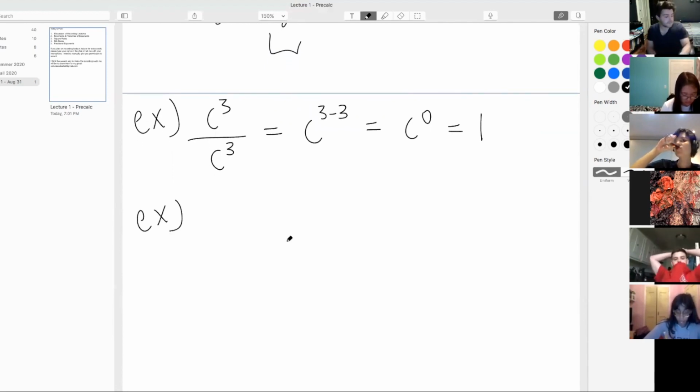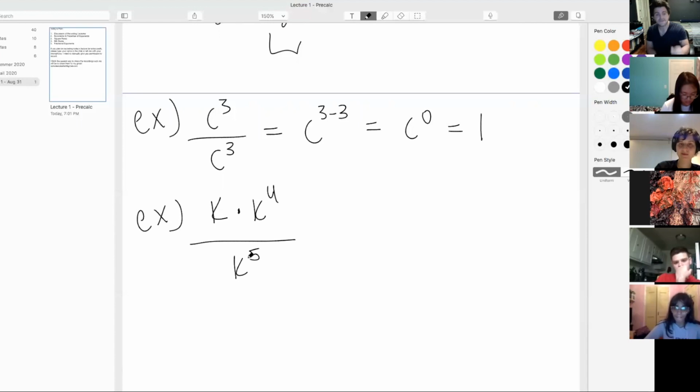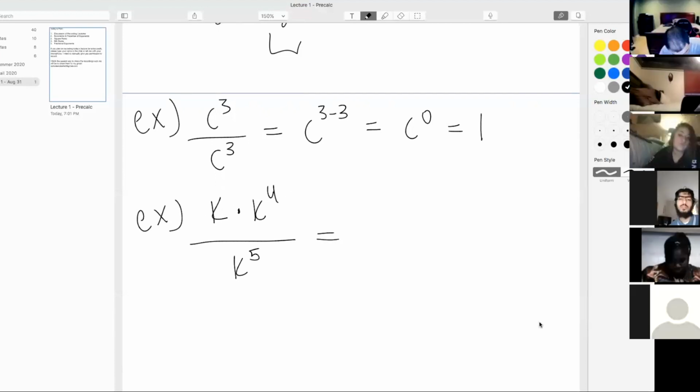How about this one? This one's cool. How about k multiplied by k to the 4th divided by k to the 5th? That's interesting because we need to use one of our rules in the numerator. I have a k multiplied by k to the 4th. So what does the numerator become?